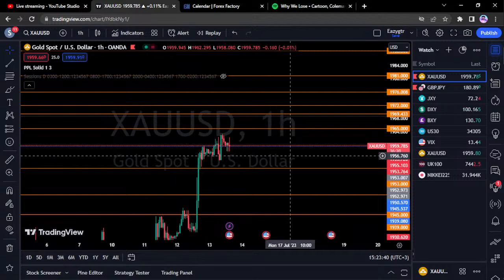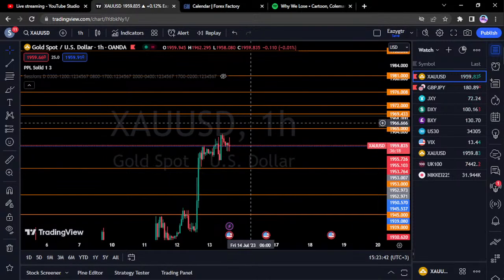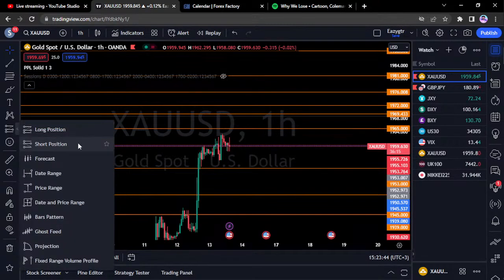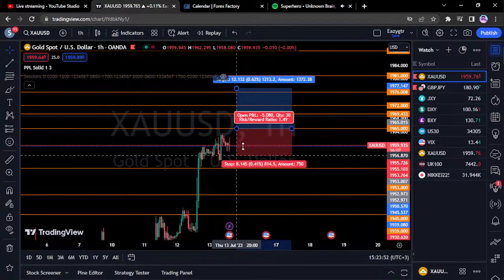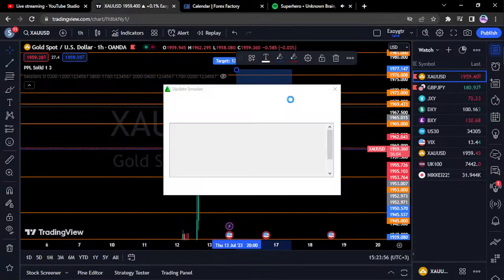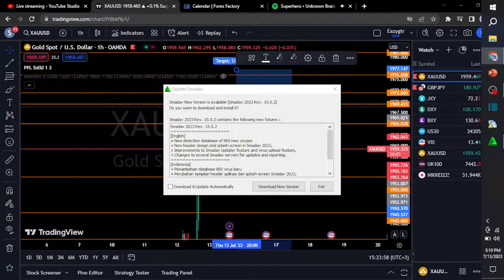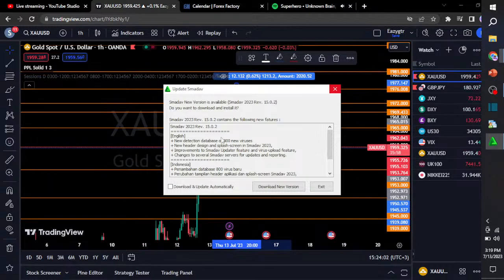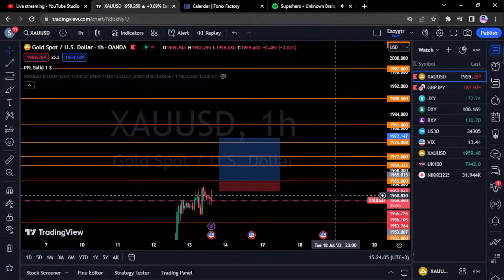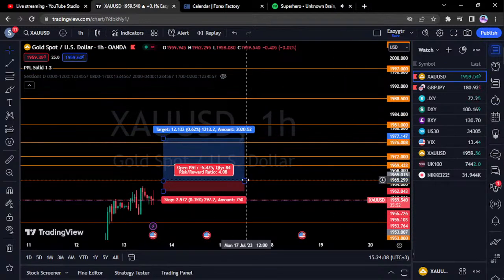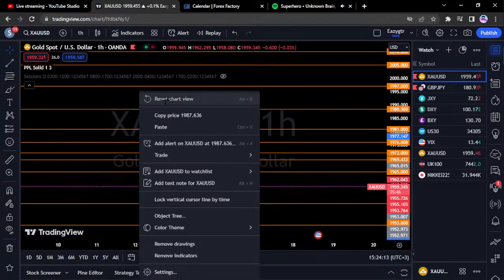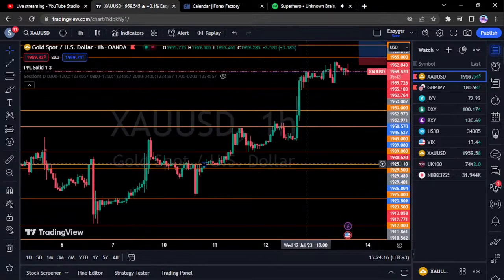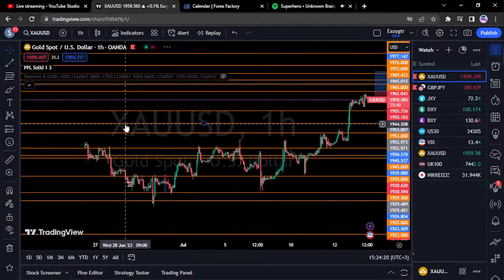For buys, we want to see breaks above 1965 before we can execute buys. A break above 1965, with a reasonable stop loss. For you to get targets, you want to look to the left hand side.